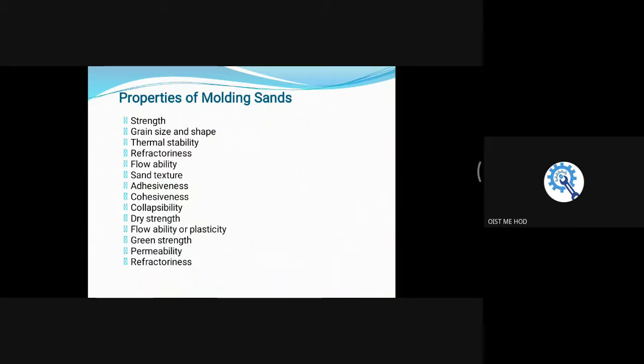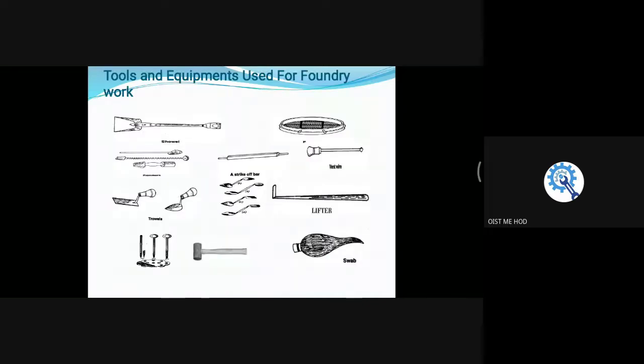It should be having strength, grain size and shape, thermal stability, refractoriness, flow ability, sand texture, adhesiveness, cohesivity, collapsibility, dry strength, and ability of plasticity, green strength, permeability, and refractoriness. These are the properties for the molding sands.